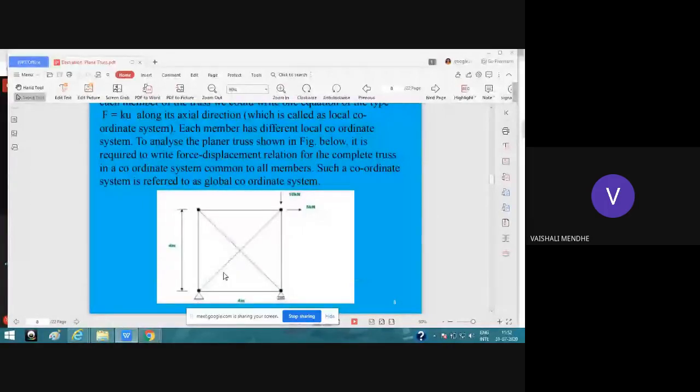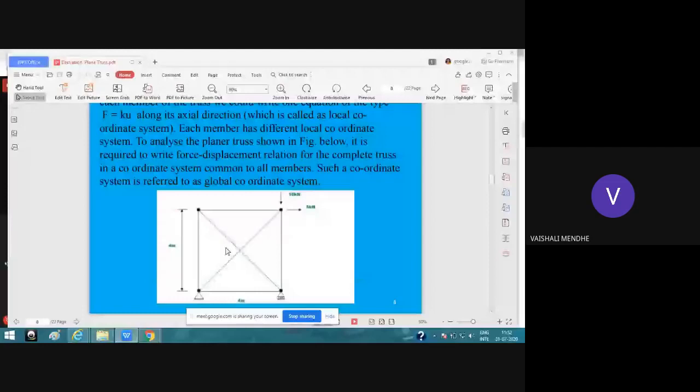So these are the two types of coordinate systems we are using for the analysis of structures, local and global. Local means your axis will be along the member, along the local direction. Local means member.